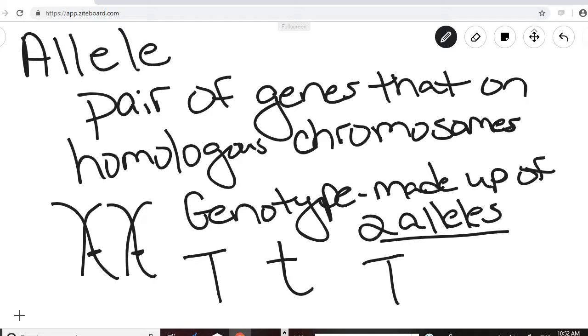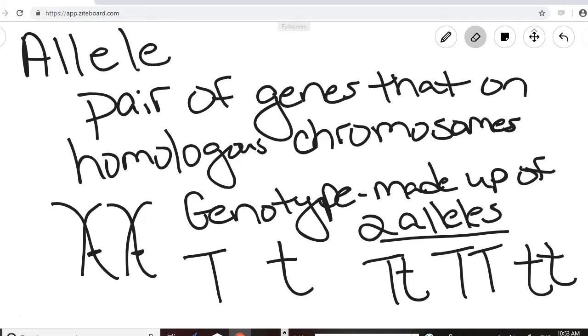So a genotype might look like this. Okay, so these are all different genotypes for different possibilities of alleles with regard to the letter T that stands for tall. So the two letter set of alleles is called a genotype.